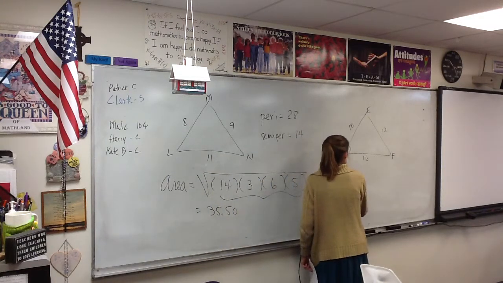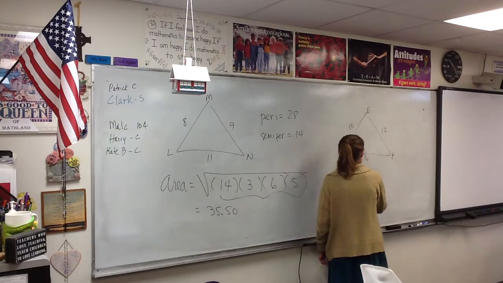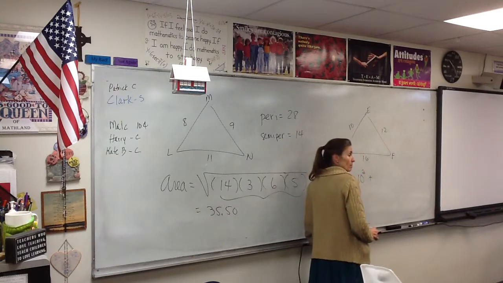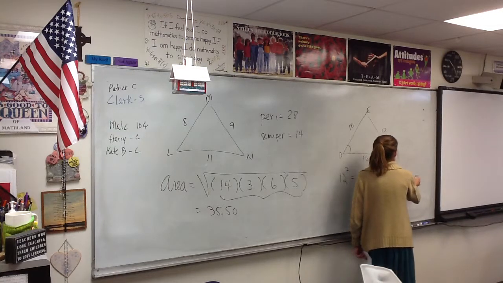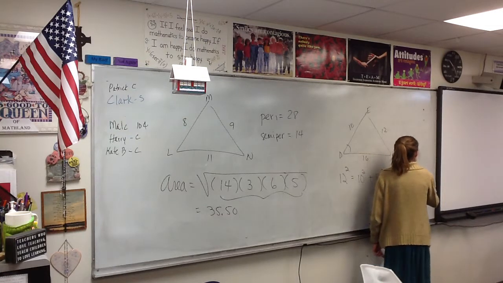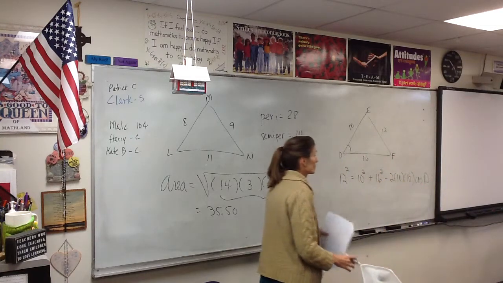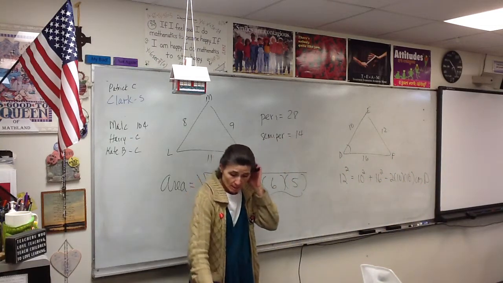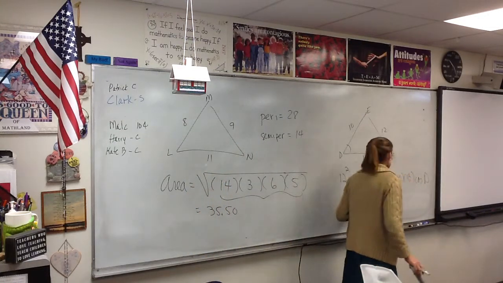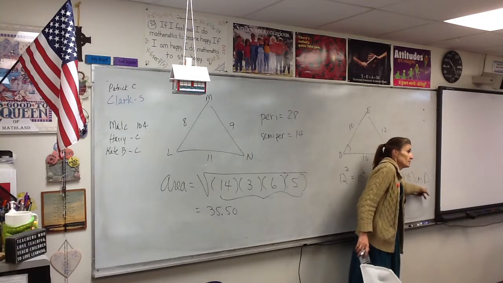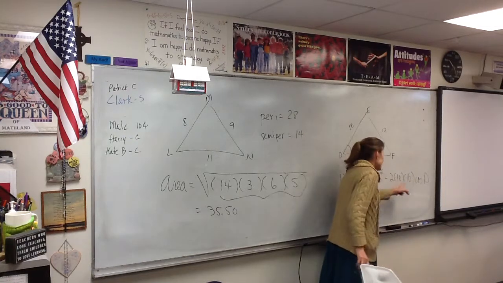If we're finding angle D, then we have an equation we're going to write out. 12 squared equals 10 squared plus 16 squared minus 2 times 10 times 16 times cosine D. There is a variable in here, so you can't just type it in.